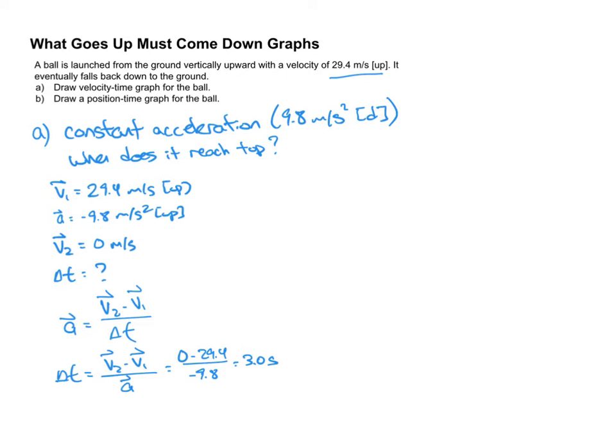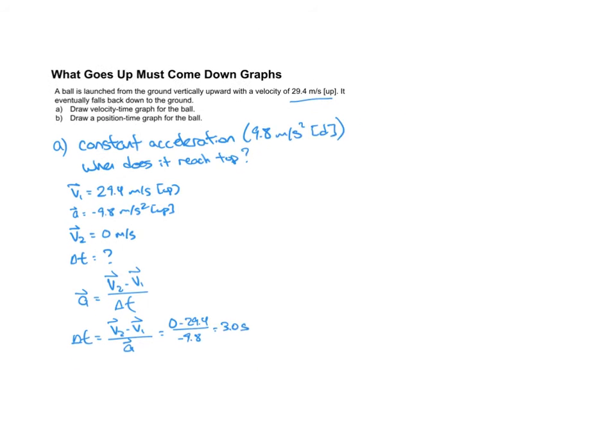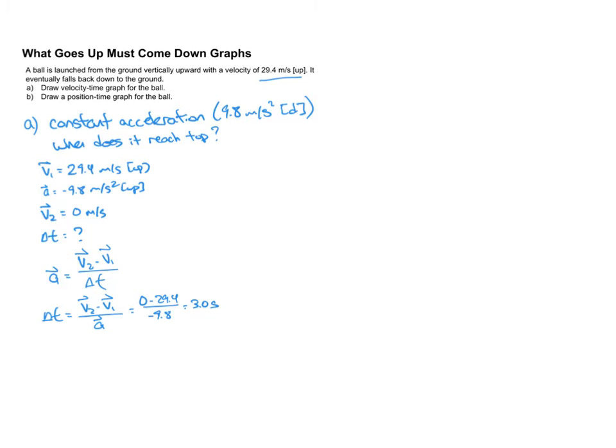Okay, so I'm going to go ahead and attempt this graph now. It's a velocity time graph. So label time, seconds, and then velocity, meters per second. I'll choose up as my positive direction.